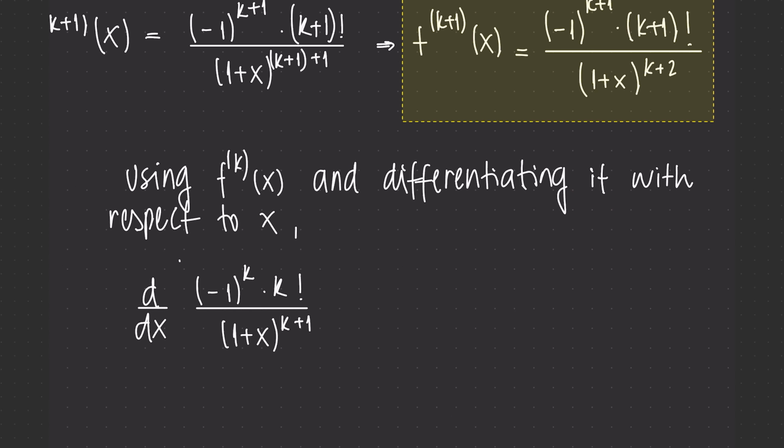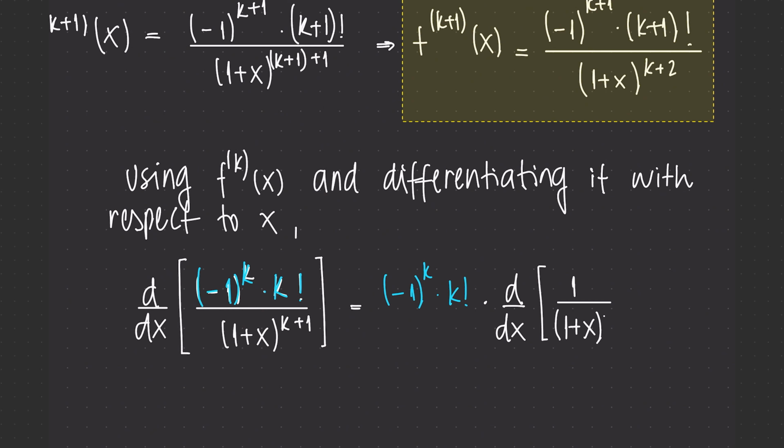Now, just to restate something that I stated before, if you're differentiating a constant, and these are indeed constants, over a function, you can just move the constants outside of the differentiation process, multiplying the derivative of what's remaining to the right, which is 1 over (1 + x)^(k+1).